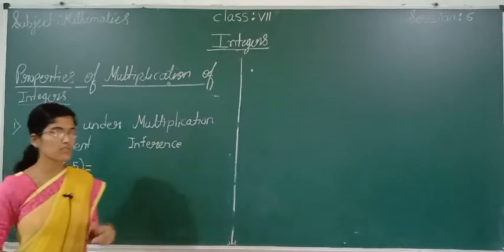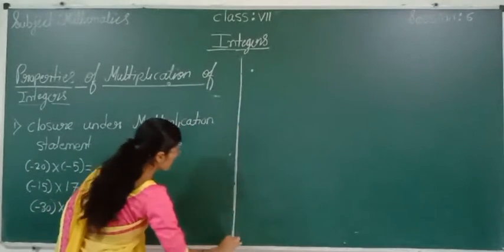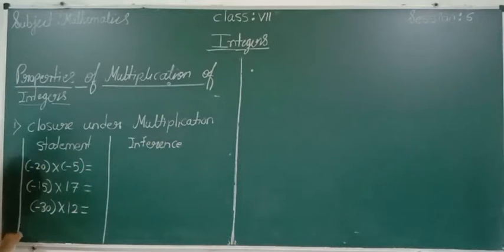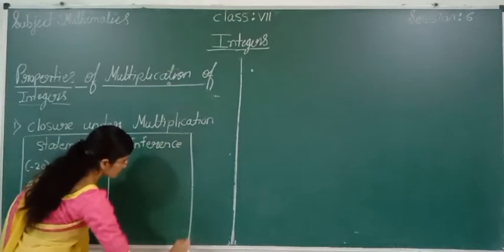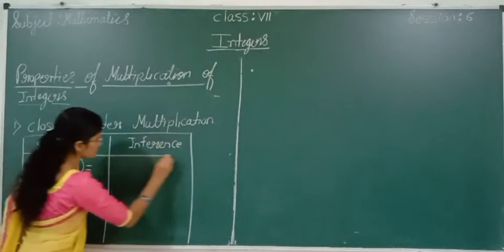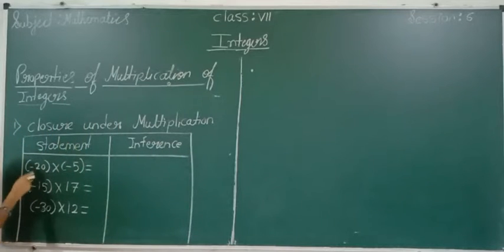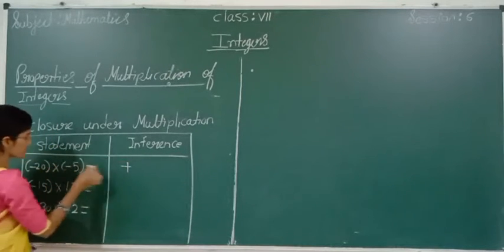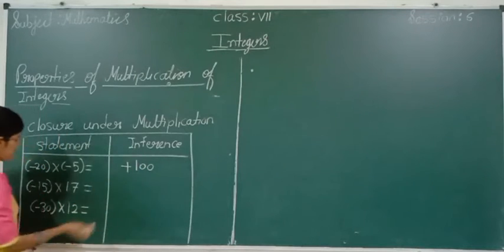Now see here, students, we will multiply here. Now see here, students, we know that when we multiply two negative integers, we will get the answer as a positive integer. 20 5s are 100.